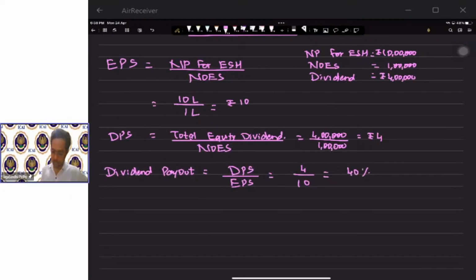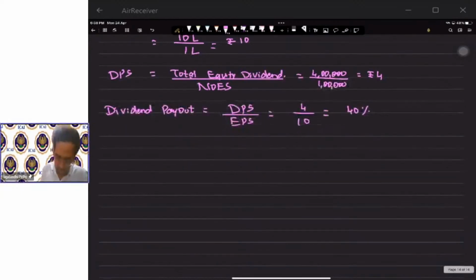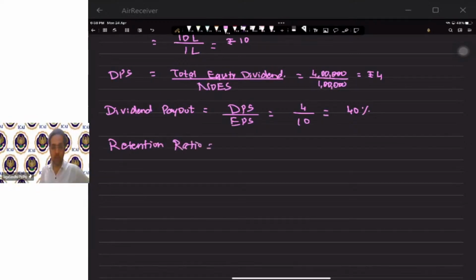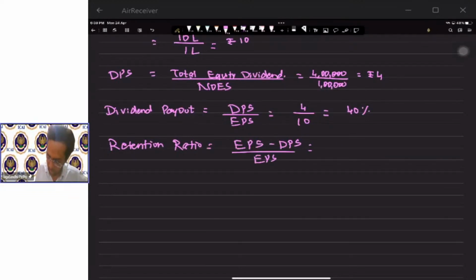Correct? If the company is paying out 40%, how much percentage is the company retaining? That's the next ratio, which we call the retention ratio. Now, retention ratio is simply, from the earnings, the company has paid some dividend. So basically, out of 10 rupees, the company has paid out 4 rupees, so retained is 6 rupees divided by 10 rupees, which is 60%, right?